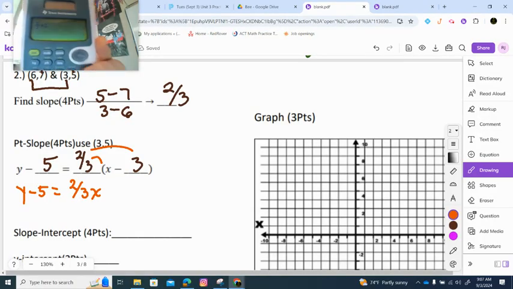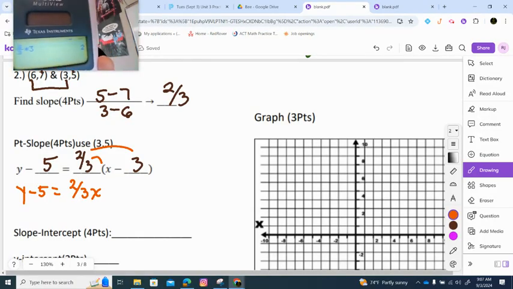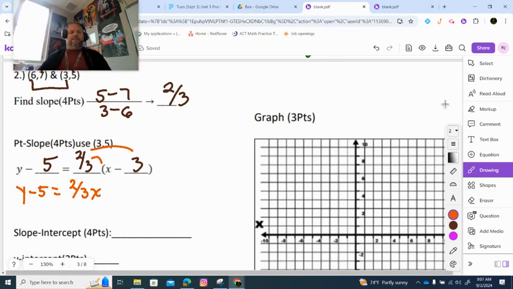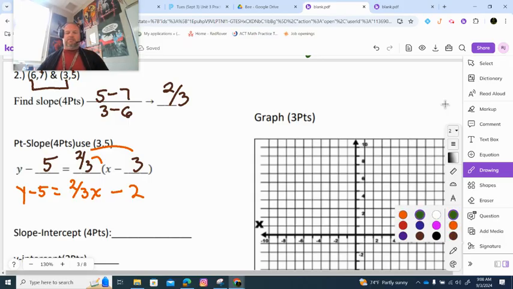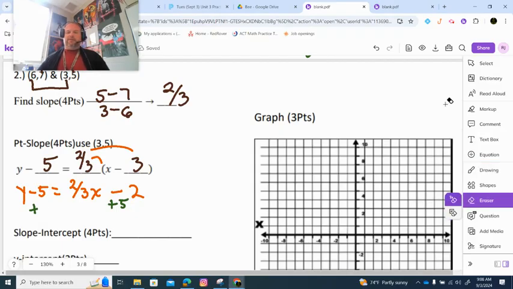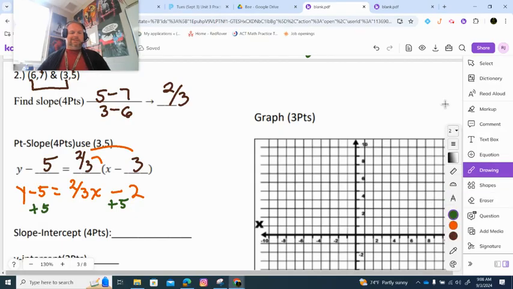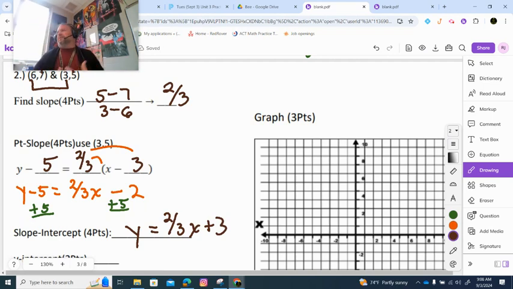Use the calculator. Okay. So I'm going to get -2 right here. Then add 5. That's a weird looking 5 over here. All right. So we should get y equals 2/3 x plus 3. Okay. So you can graph this one.